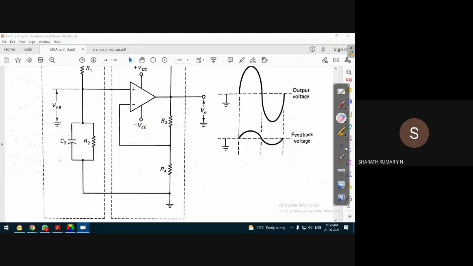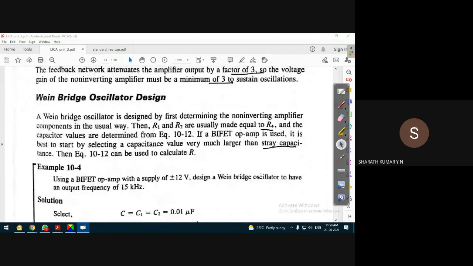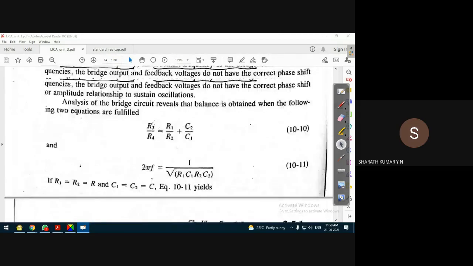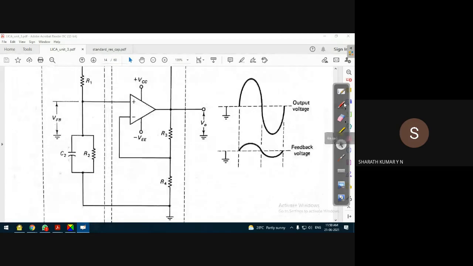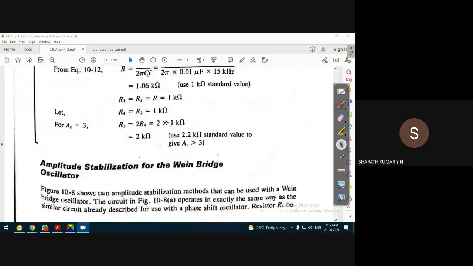Maybe we can choose a potentiometer also for R3. The better method is to choose a potentiometer so that we can vary it slightly higher and achieve a voltage gain greater than 3.